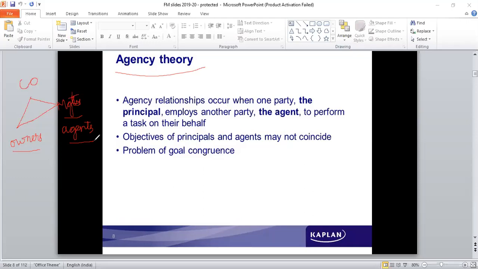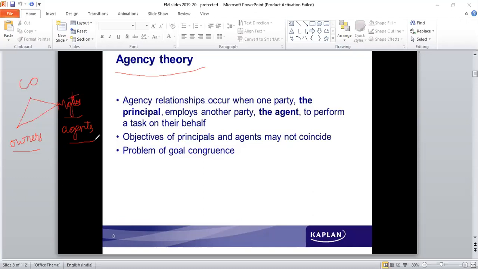So owners appoint these agents on their behalf to run the affairs of the company so that their profits are maximized. Objectives of the principals and agents may not coincide. So what is expected of the owners? Some things which we are going to look into is that the expectation of the owners may not be achieved by the management.